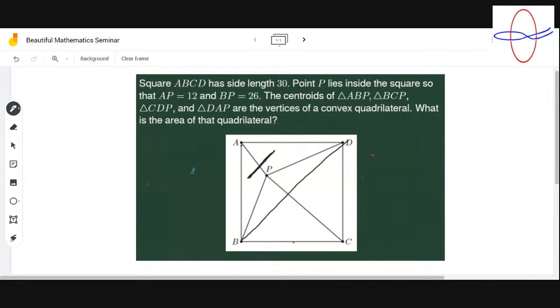Let me check. No, it's actually 2/5 of its length. Anyway, the idea is that similarly here, the other two centroids will also be parallel to this diagonal, right?